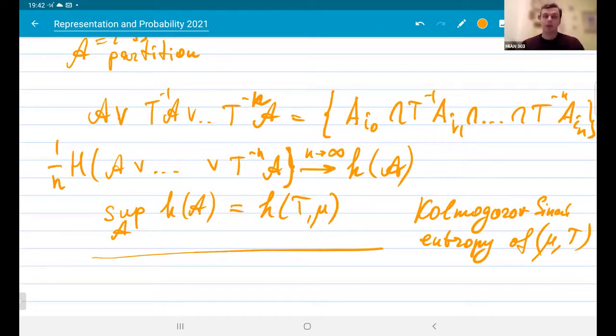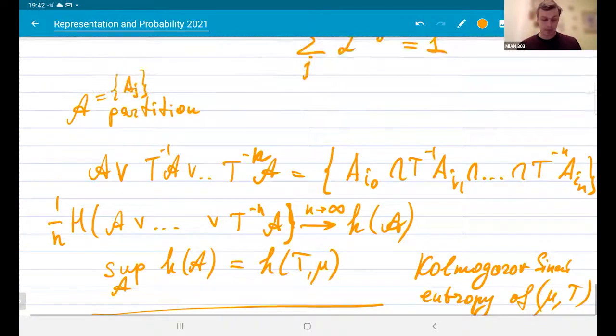You need that A, its images and pre-images, should generate the whole sigma algebra, and then everything works. Then this supremum equals just H of A for this A. But there are many other results about this.